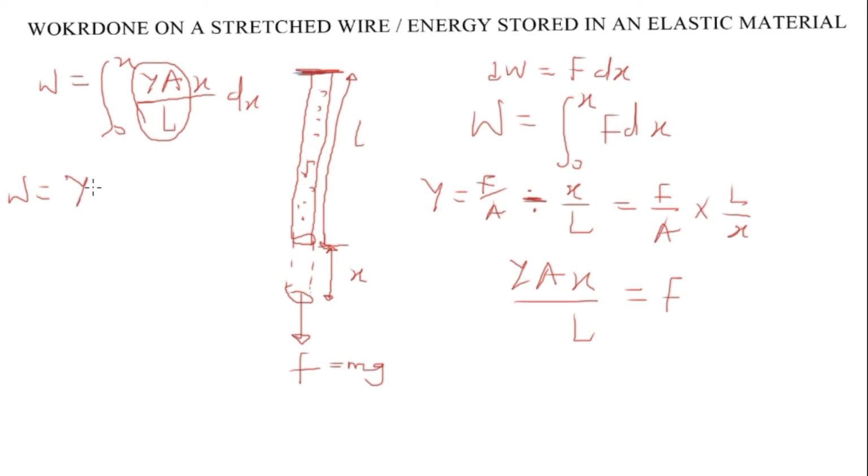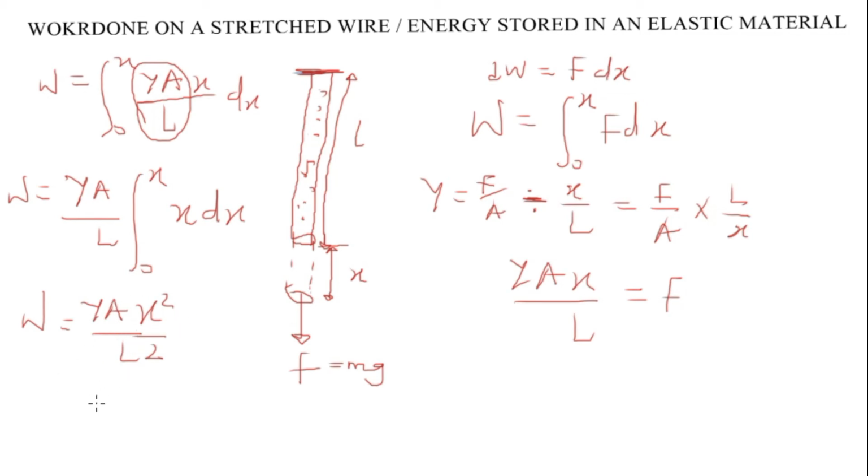So I will have the Young modulus A upon L, the integral from 0 to x, then x dx. If I integrate this, I will have the Young modulus A, then x squared upon 2 all over L, which is equal to the work that is being done.